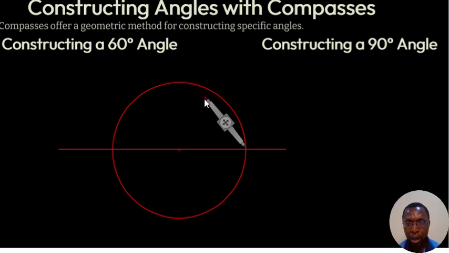Then you make an arc here. You don't change the radius. You come down and still make an arc here too.